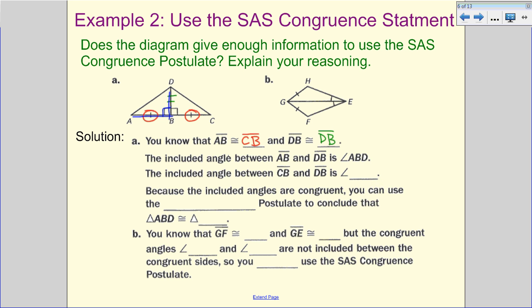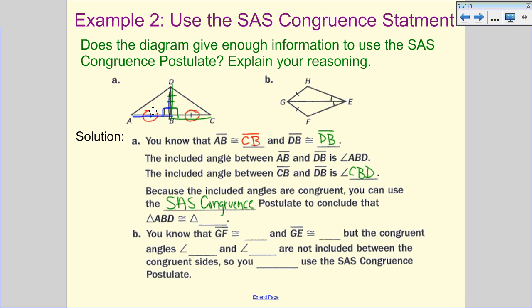The included angle between CB and DB is this angle right here, which is going to be angle CBD. And because the included angles are congruent, they're both marked as being 90 degrees, I can use the side angle side congruence postulate.